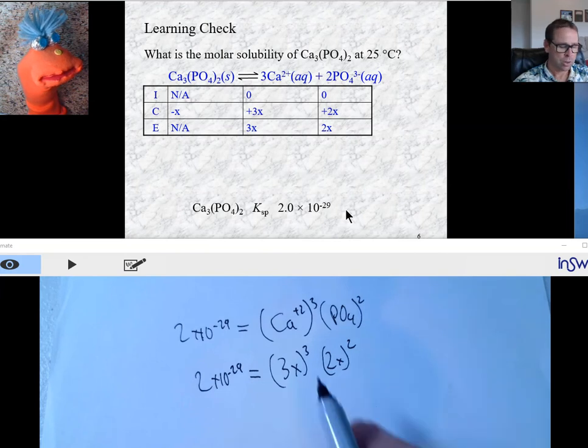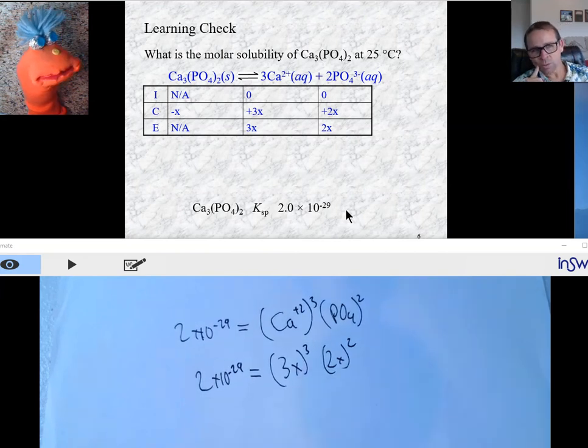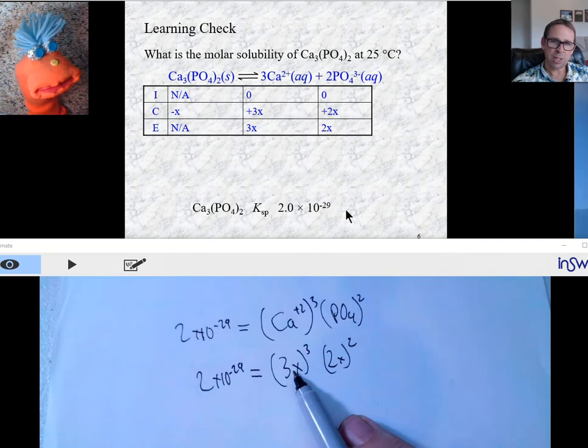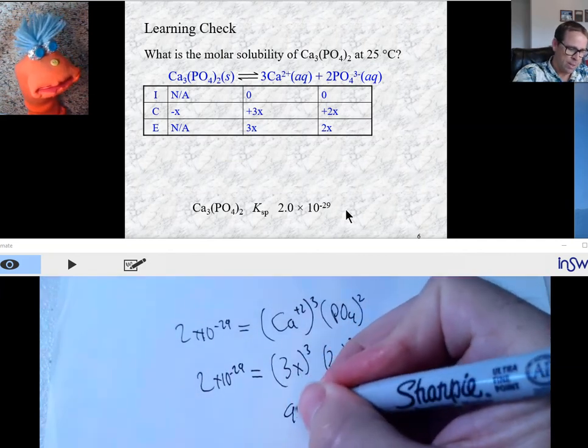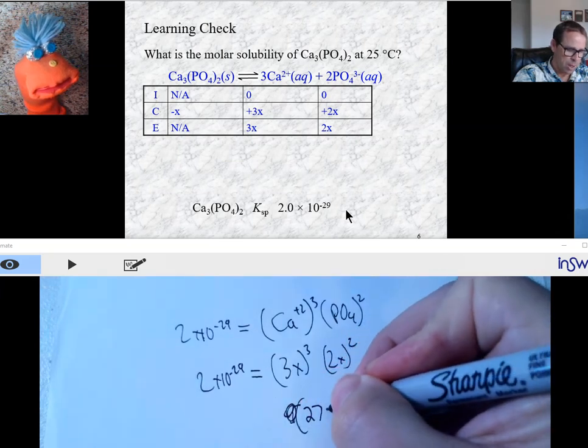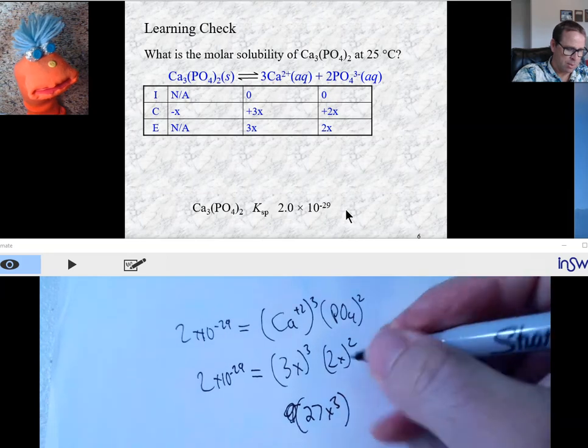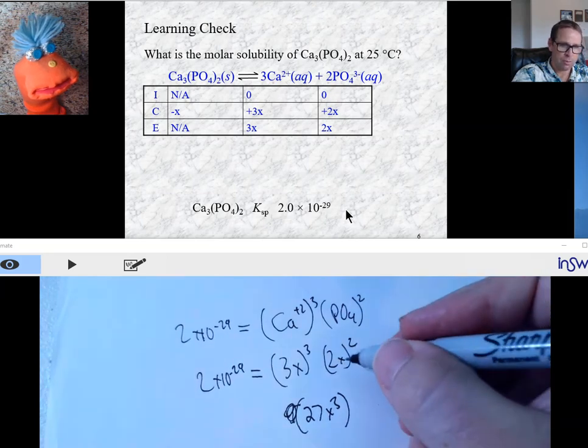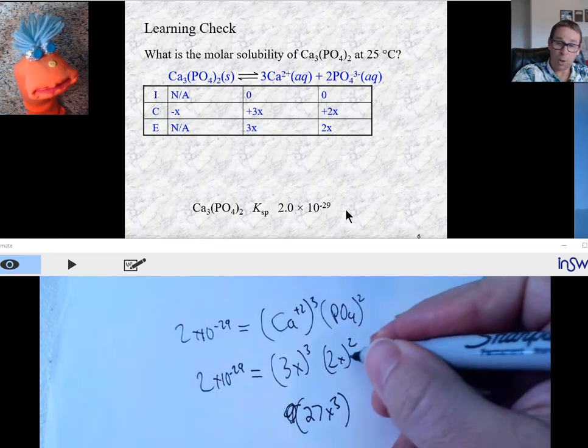All right? So what's 3x cubed? 3x times 3x times 3x? Yeah. Is that 9x cubed? Well, almost. 3 times 3 is 9, but then 9 times 3. Oh, yeah, 27. All right, so 27x cubed. Now times 4x squared, right?